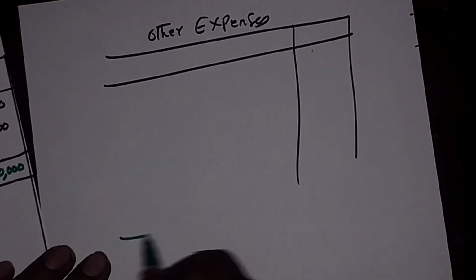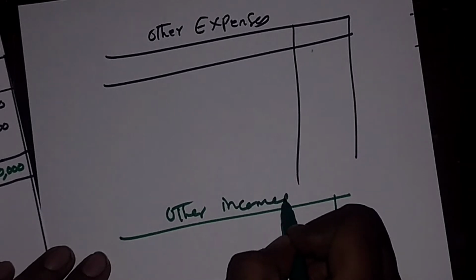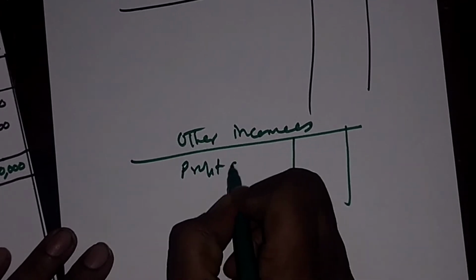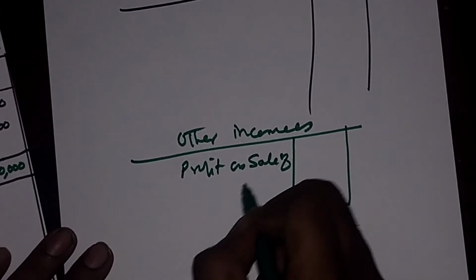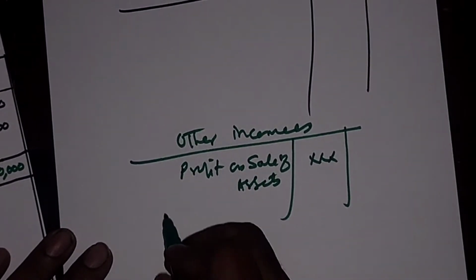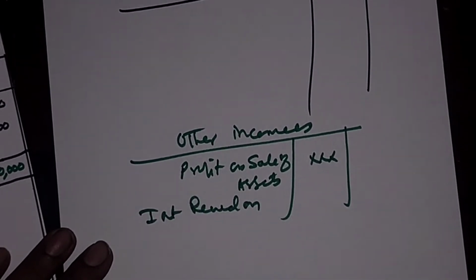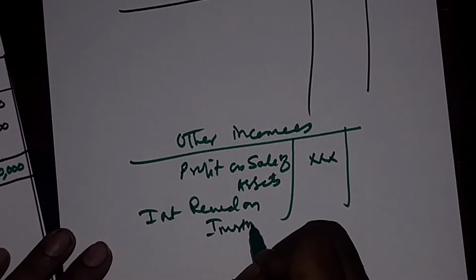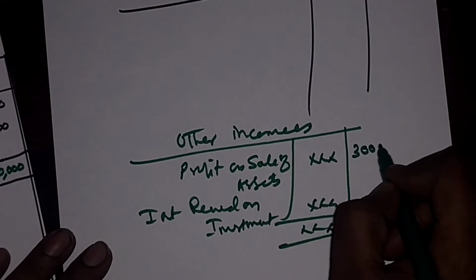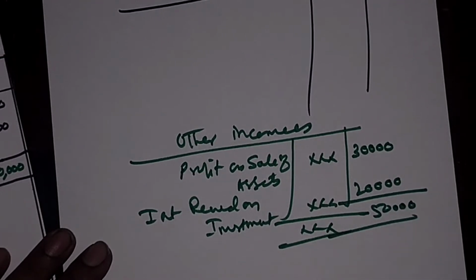For example, I'll write here other incomes. In this other incomes, I can write profit on sale of assets, some amount. Next one is the interest received on investments, like that. I should add it and bring it. For example, let me show 30,000 and 20,000, total I get here 50,000.